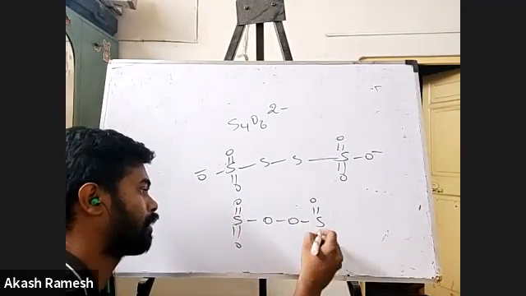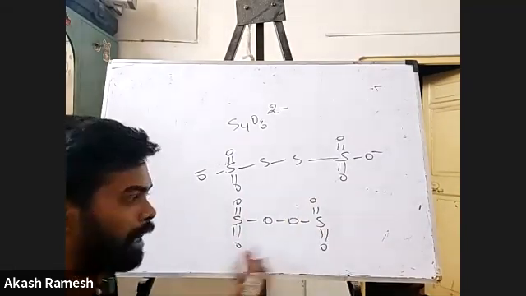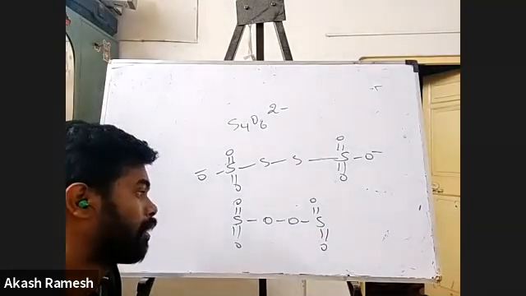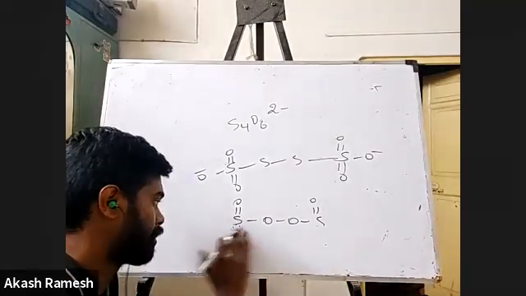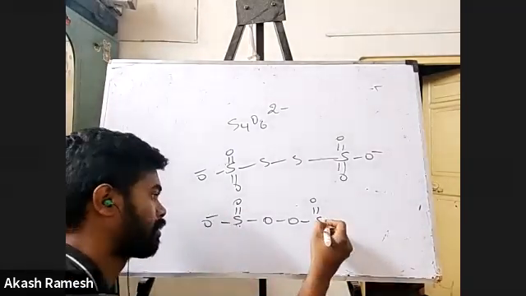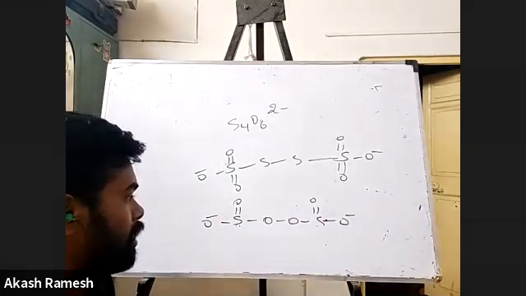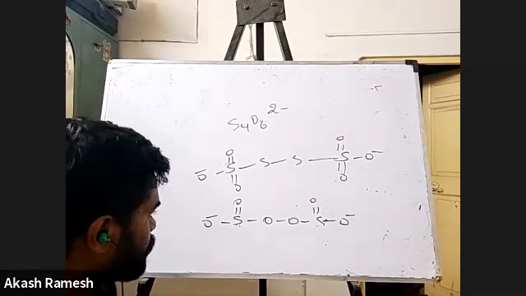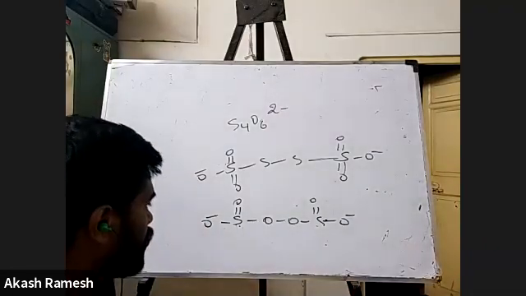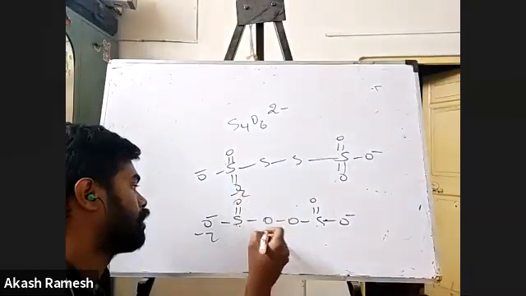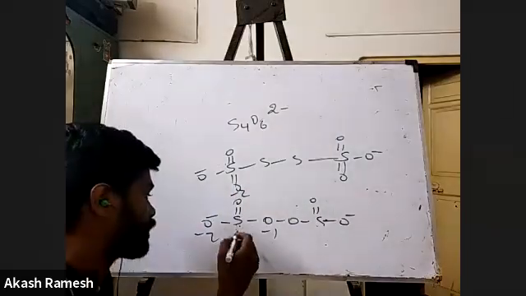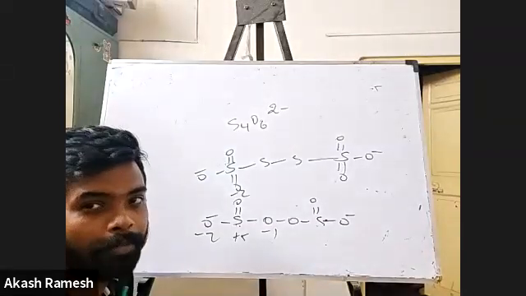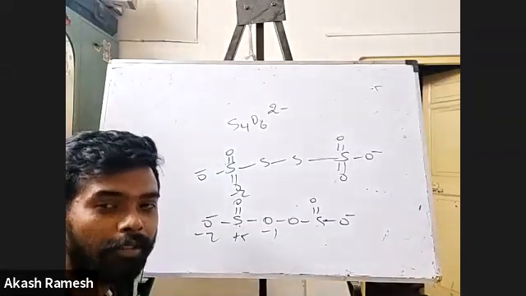One, two, three, four, five, 6. But again, you're not able to account for the negative charges. Maybe if it's like this, you're able to account for it. But if you look at the charges, this is -2, -2, -1, and it's +5 for this. And again, +5 for sulfur is not a suitable number.